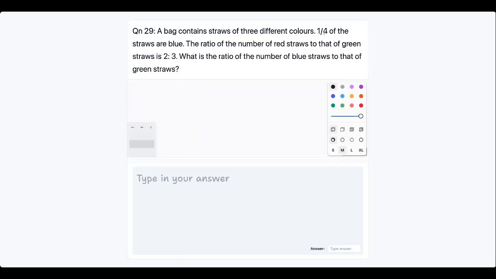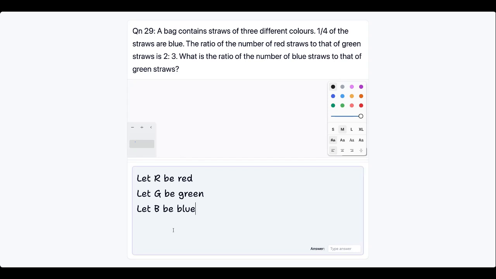In this case over here, let R be red, let G be green, and let B be blue. If you know how to convert fractions into ratio, then it's pretty straightforward.